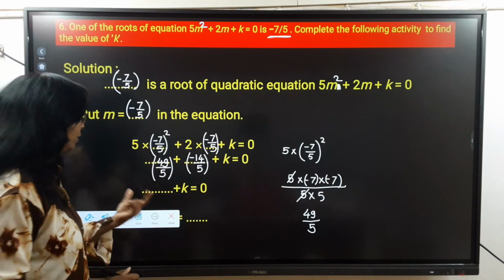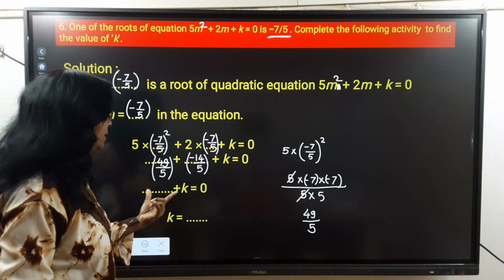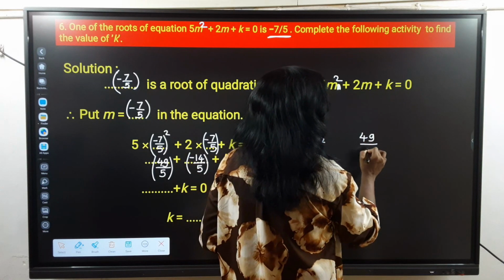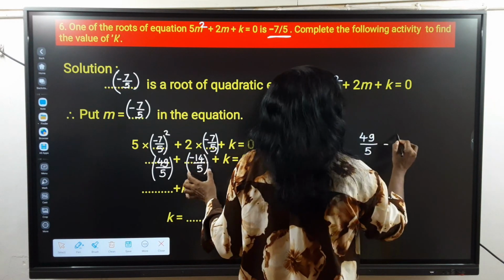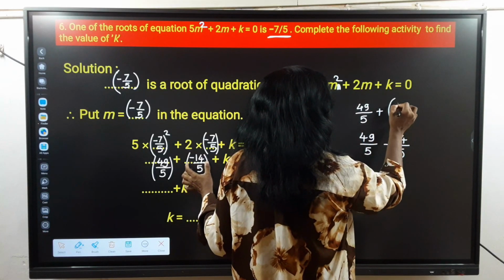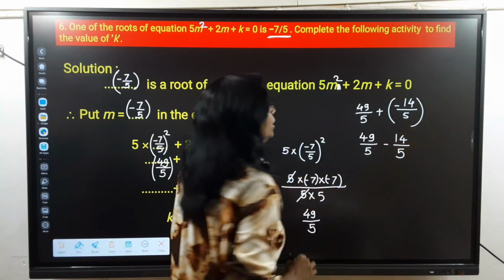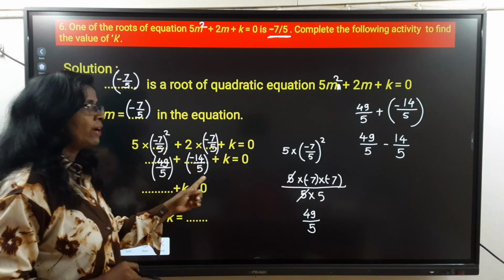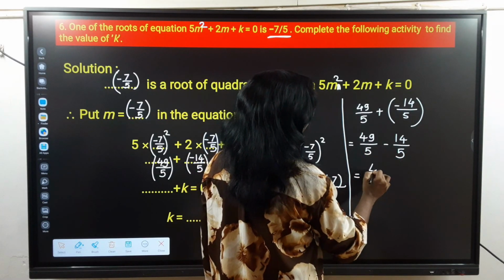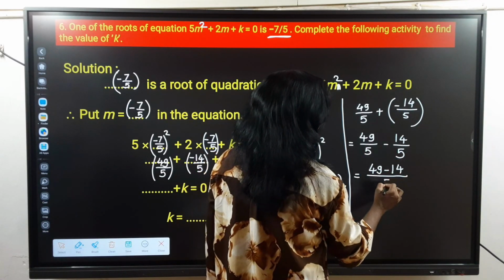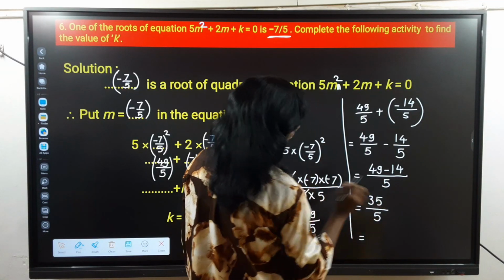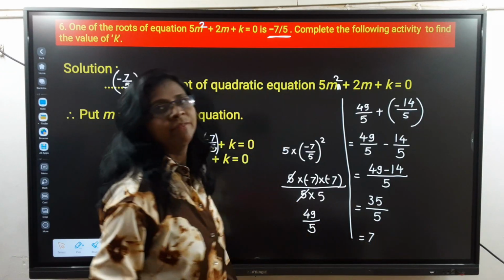Then we have to write down the final answer, that means addition of these two terms. So here 49 upon 5 plus minus 14 upon 5, that means here 49 upon 5 minus 14 upon 5, which is equal to 49 minus 14 upon 5 is equal to 35 upon 5, that is equal to, 5 sevens are 35, so here 7.